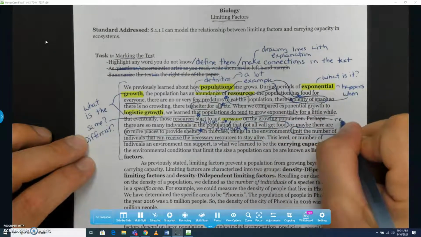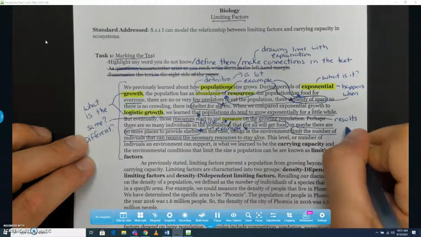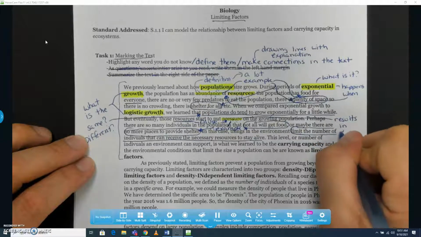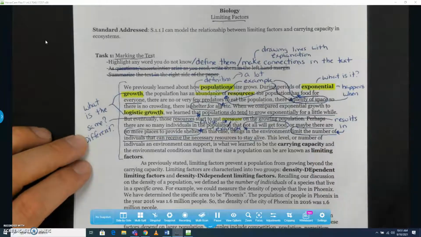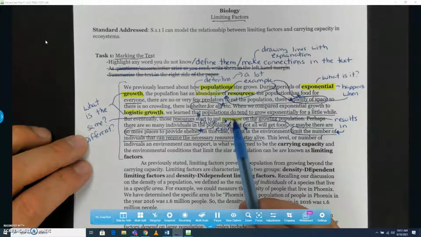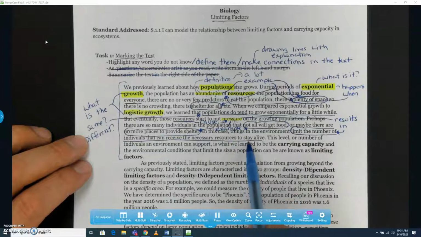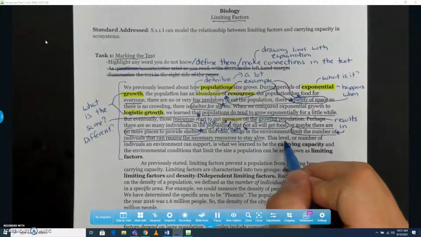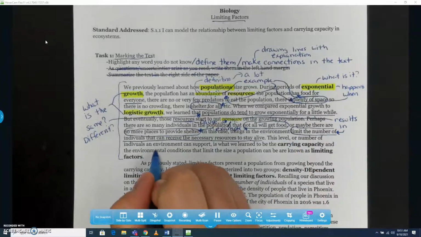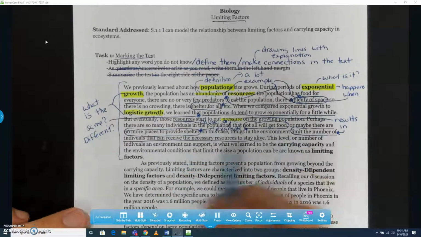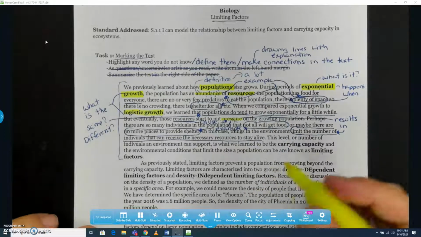So it results in, or leads to, or causes that to occur. When pressure is applied to a population, not all will stay alive. This number, or level, of individuals that an environment can support is what we learn to be the carrying capacity.